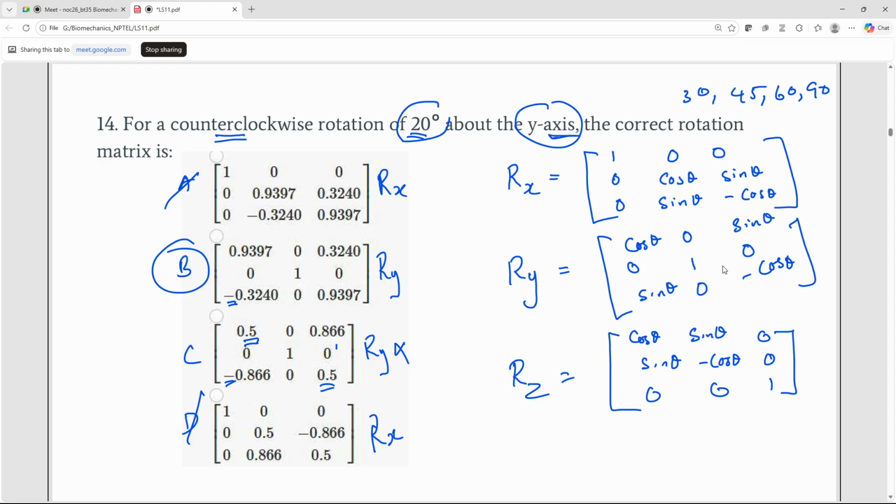So for counterclockwise rotations, the minus changes, it becomes minus sine theta, not minus cos theta. The sign in the second row swaps. Everything else is the same, but the negative sign changes. That's why these both have negative here, not here. Hope that helps.